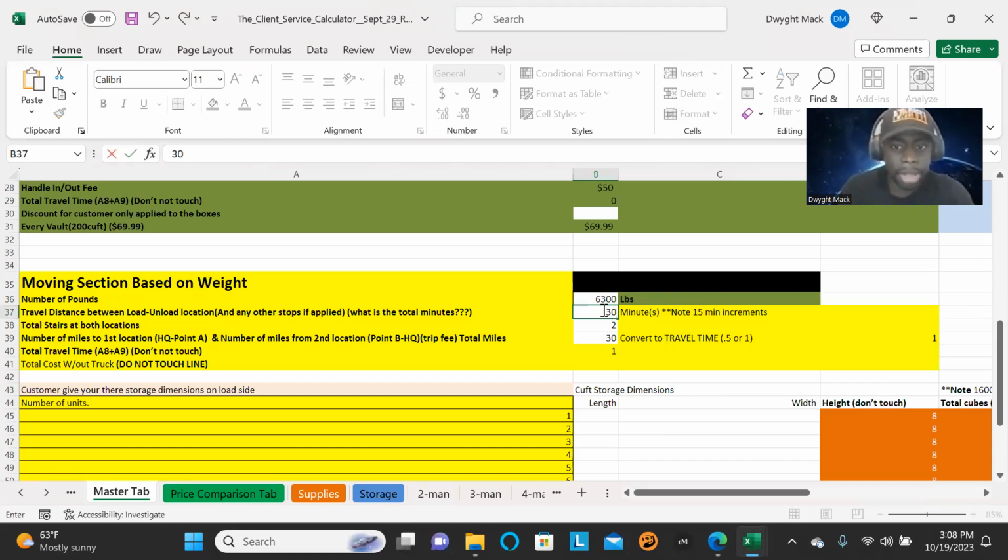We're going to have 30 minutes for travel distance between the locations. And then stairs, we're also going to combine this with the walking distance, which we said was 30 minutes. So we're going to put just 3 flights of stairs. That adds up. And then we said 50 miles.